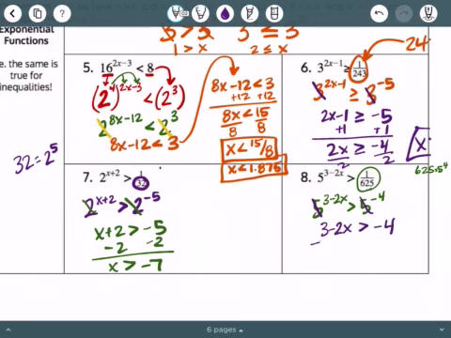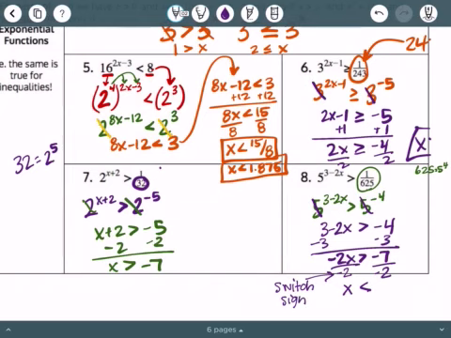I'm going to subtract 3 on both sides. Negative 2x is greater than negative 7. Divide by negative 2 on both sides. I have to switch the sign because I divided by a negative number. So x is now less than, these cancel, 7 over 2, or x is less than 3.5.